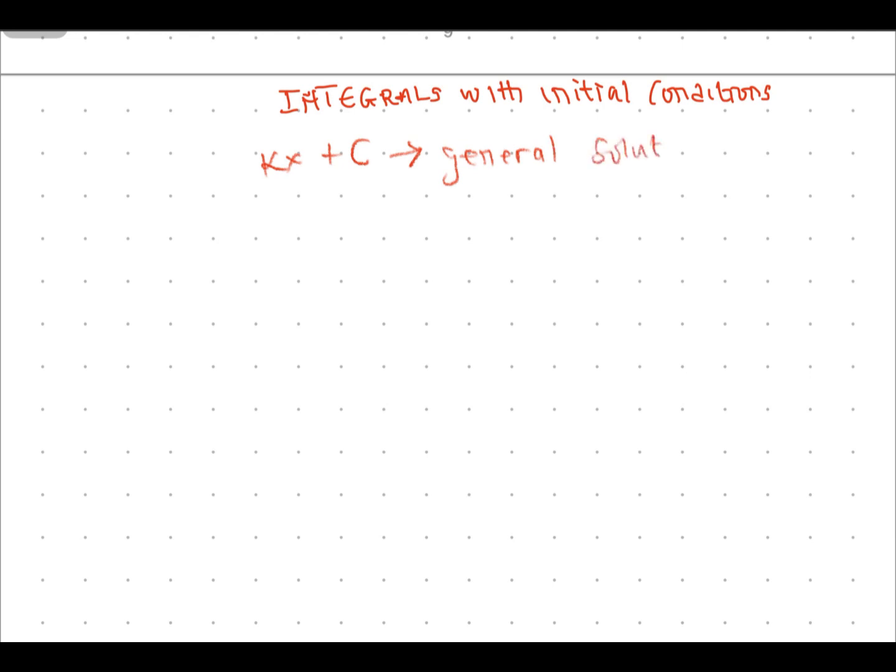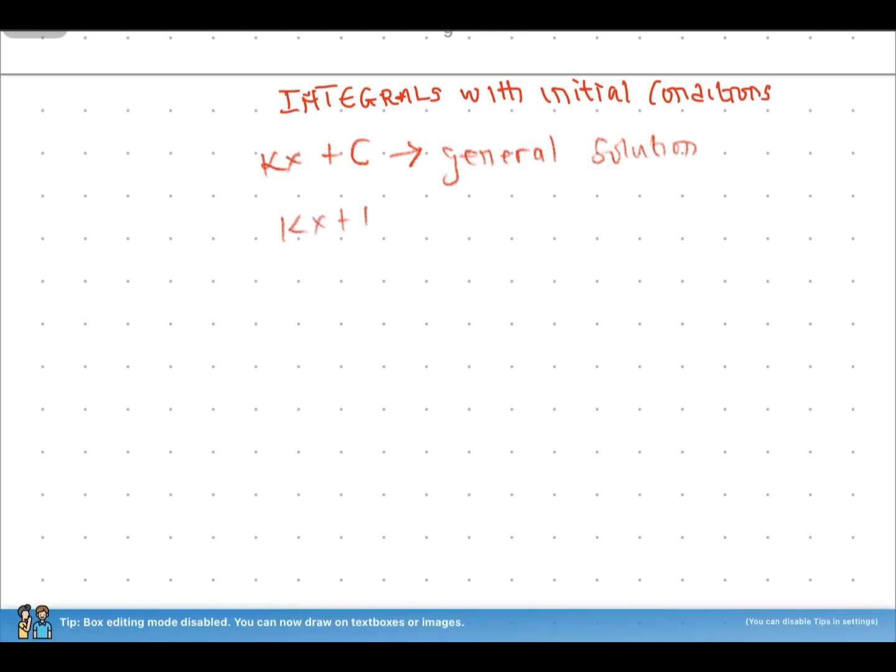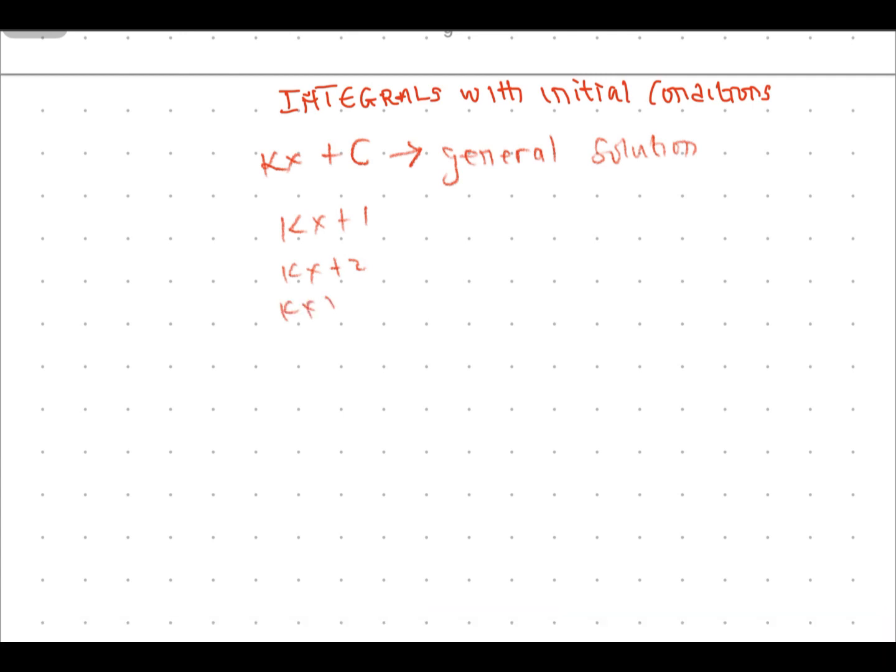It is the general solution, of which this one can be kx plus 1, kx plus 2, kx plus 3. So in such cases, one may specify a point that is a solution to this antiderivative that you found.